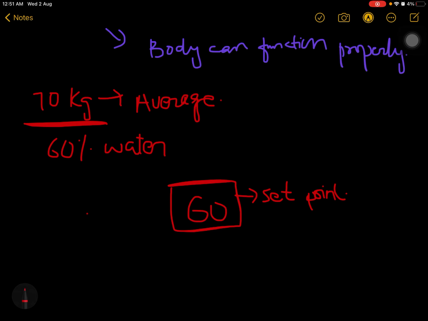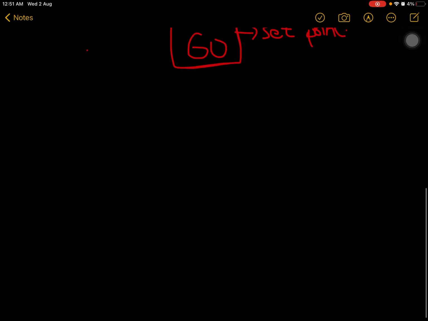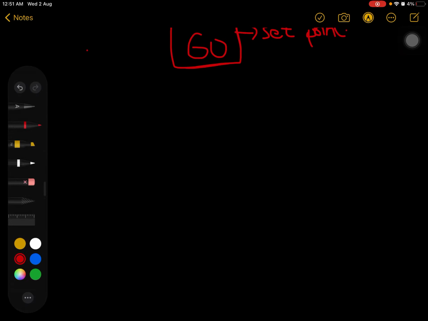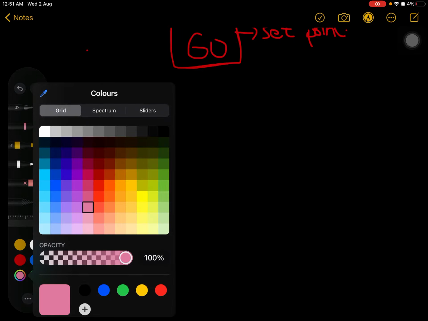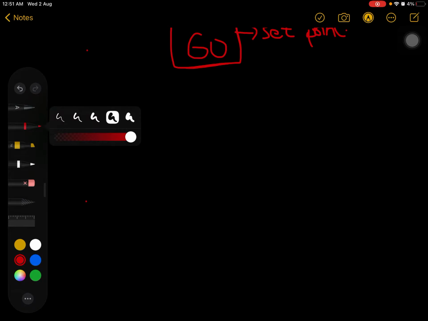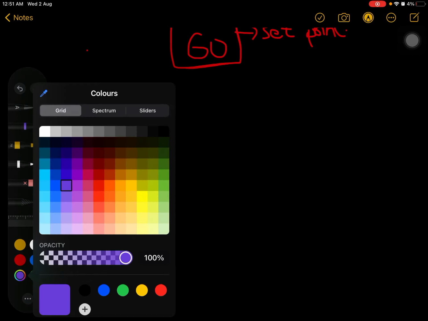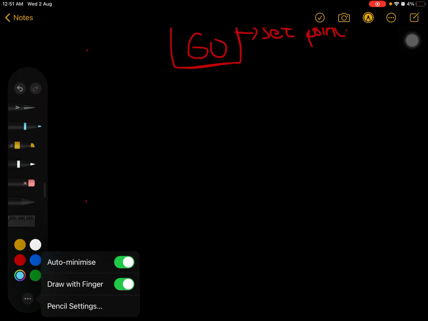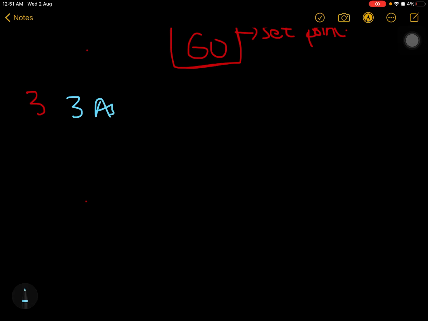So basically, there are three aspects of this homeostasis.